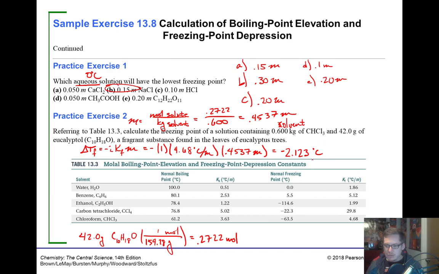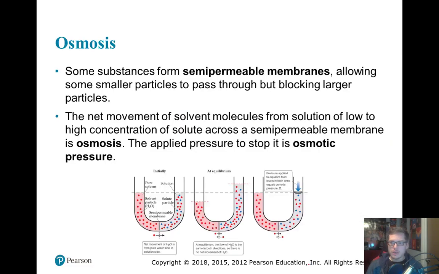So we're going to add those two values here, negative 63.5 minus 2.123, and so our answer becomes negative 65.6 degrees Celsius. So that's going to be our new freezing point there. Not too bad.